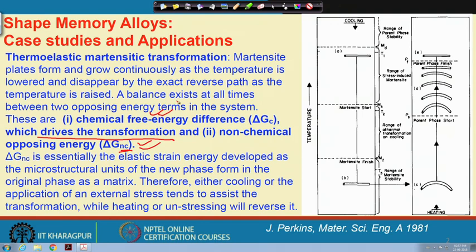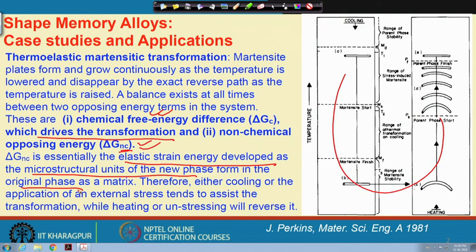And there should be a balance in this whole process, and this delta G N C is essentially the elastic strain energy that develops as the microstructural unit of the new phase, here the martensite, forms in the parent phase as a matrix.